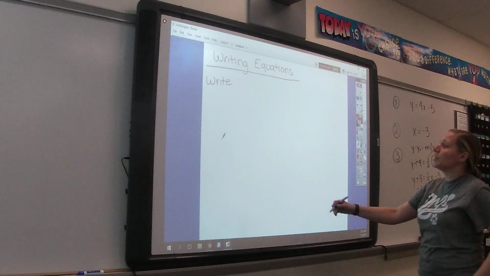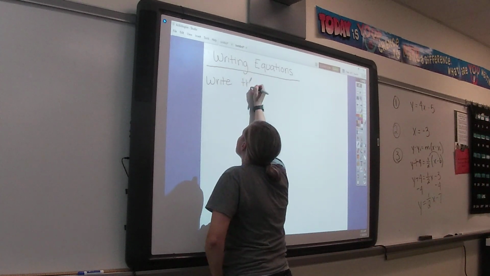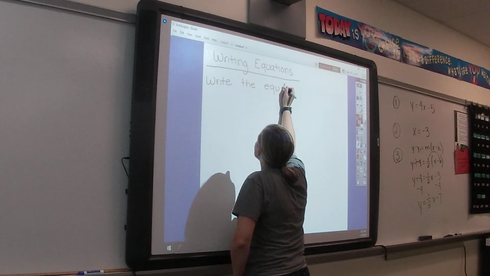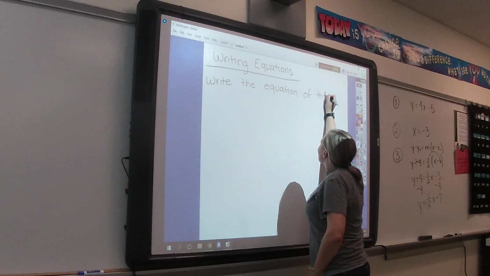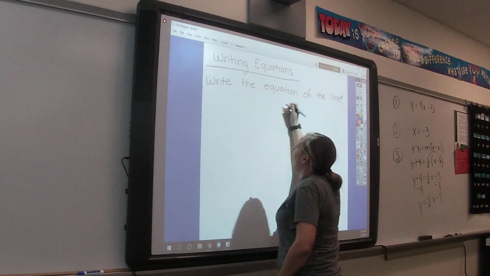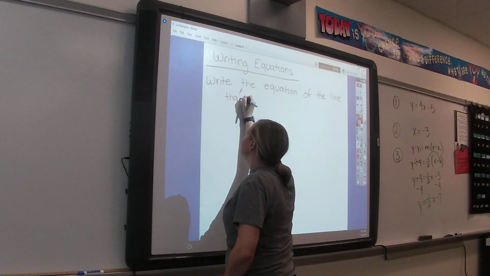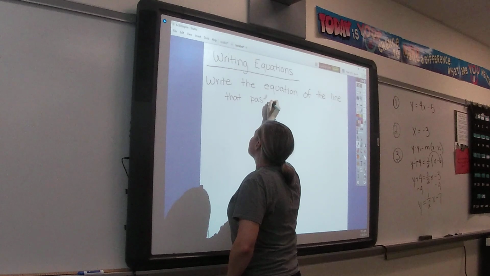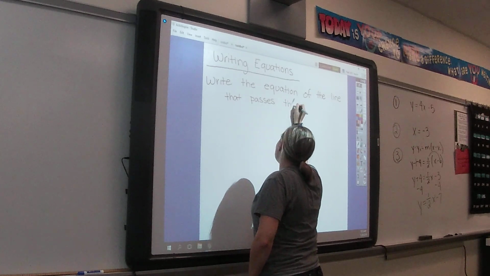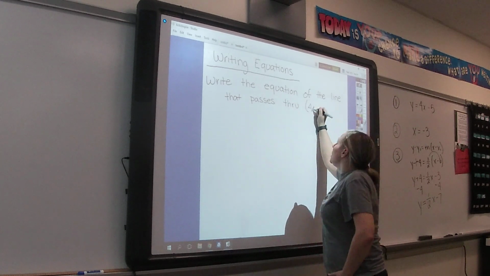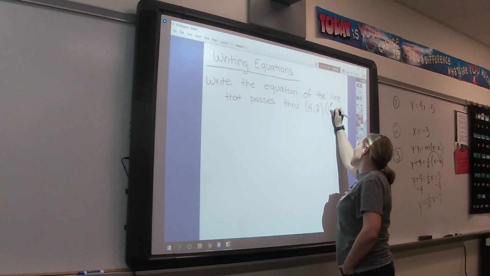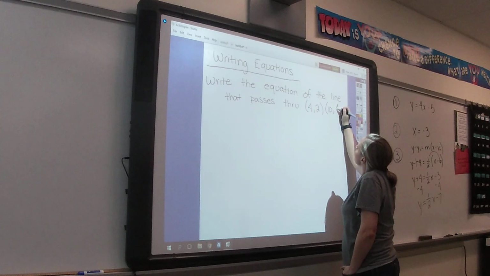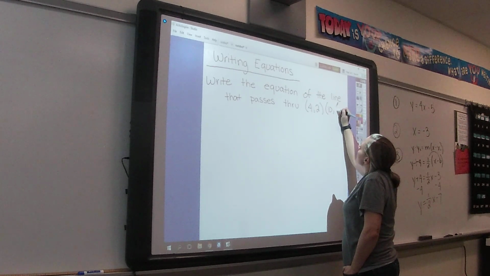So maybe it'll say something like, write the equation of a line that passes through, I'm just going to shorthand this, (4, 2) and (10, 9).